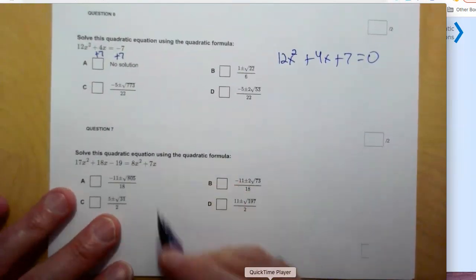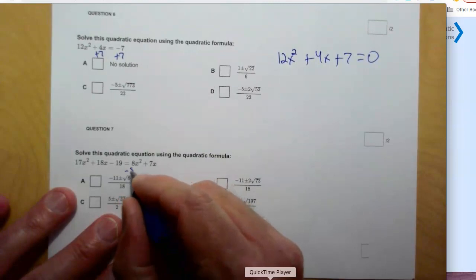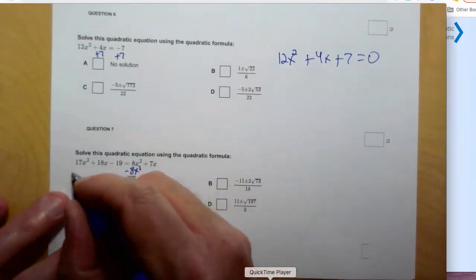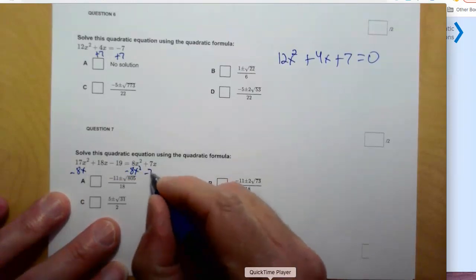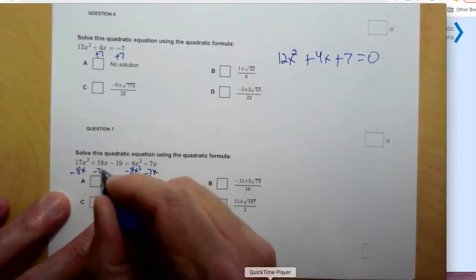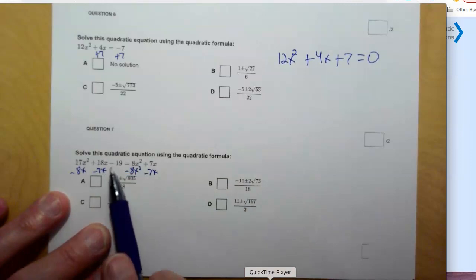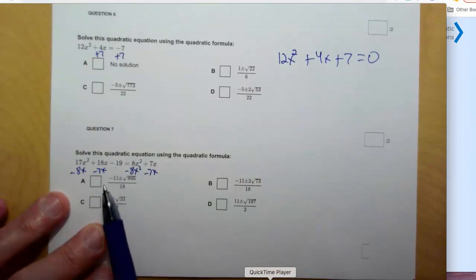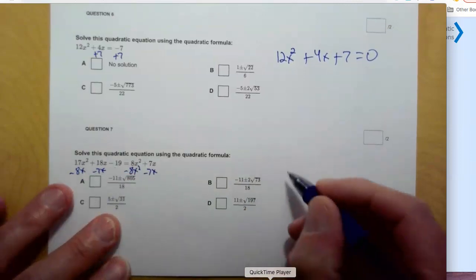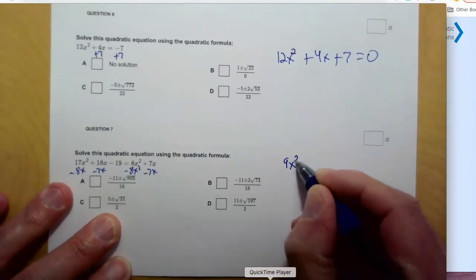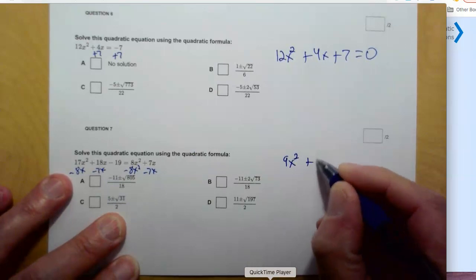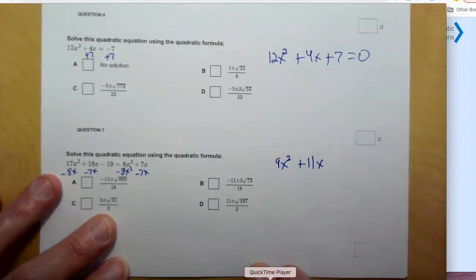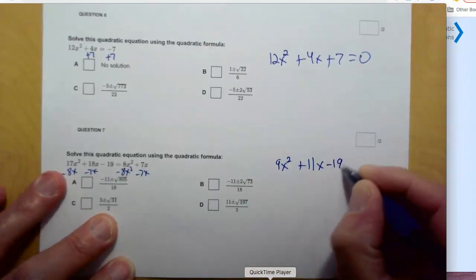All right, this one we got a bunch of combining to do. I got to subtract 8x squared from both sides, and I got to subtract 7x from the other side. The negative 19 is okay. So 17 minus 8, that's 9x squared. 18 minus 7, what is that, 11? 11x. Negative 19 comes along for the ride.